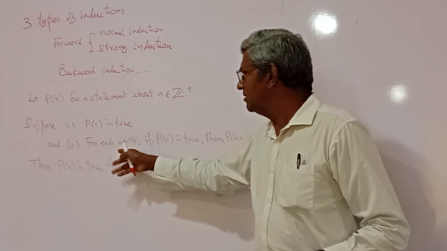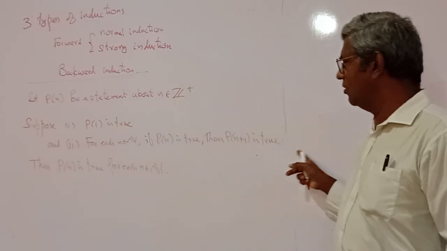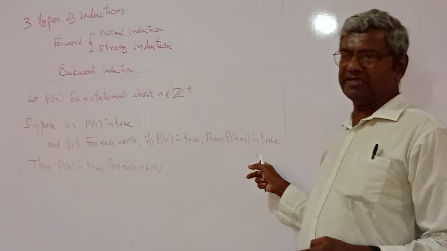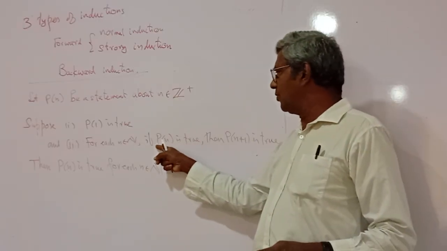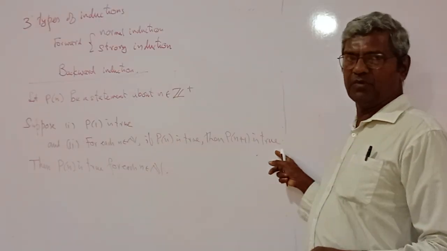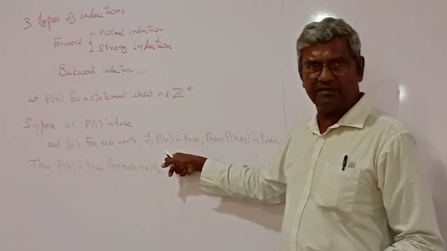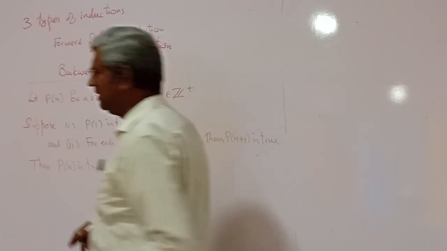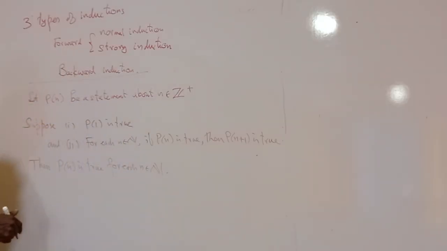Sometimes you have to assume the whole statement is false and get the contradiction. Sometimes you do conditional proof, or prove by contradiction. There are 4 different methods of proving Pn is true for each n belongs to N.